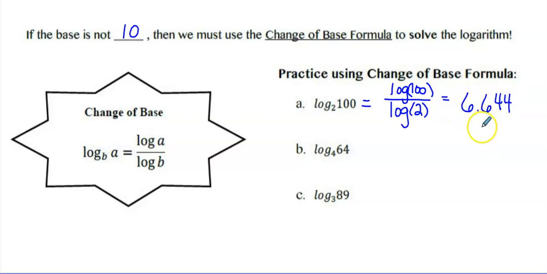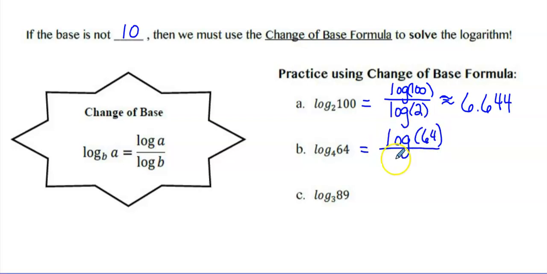So this is an approximation of what it equals, and you might also see this symbol, which means it doesn't equal it exactly, but it's close to that. We've rounded that number. So log base 4 of 64, we would enter in our calculator.